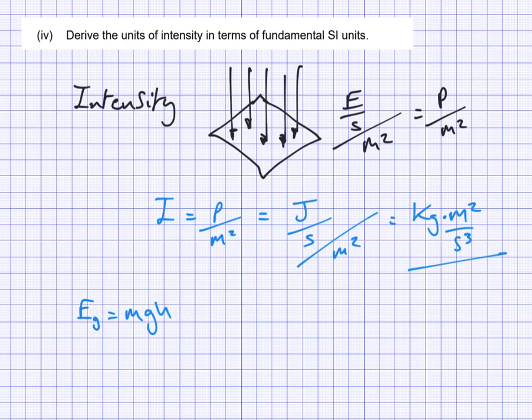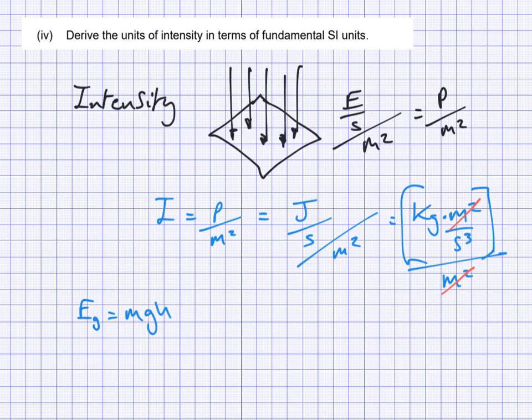And then this whole thing, this energy per second, this is my power. This can now go over my meters squared. So just one last thing to do. Of course, you can see that this meter squared is going to cancel out with this meters squared here.